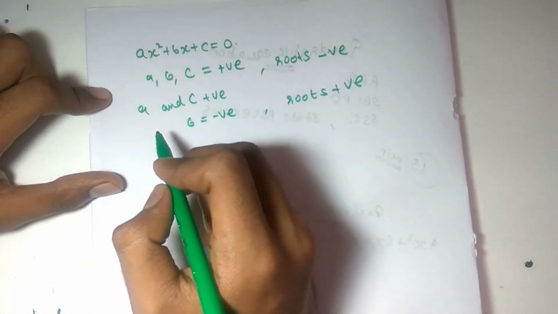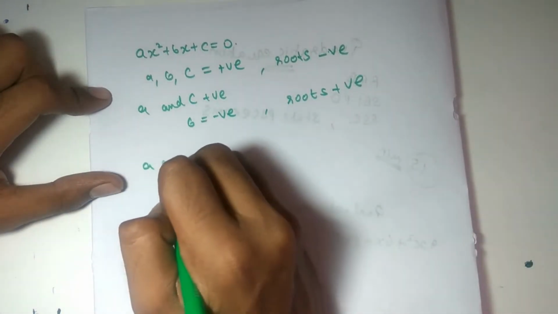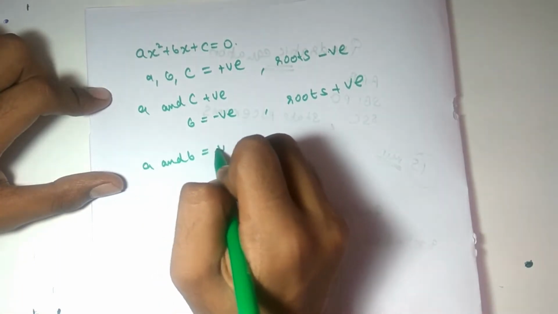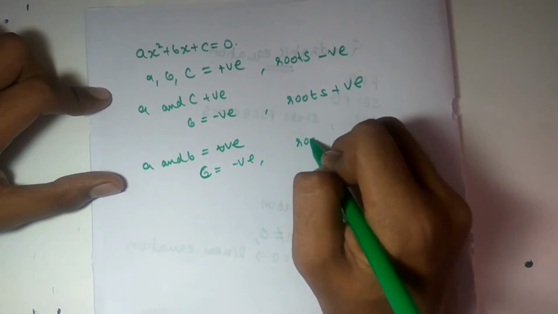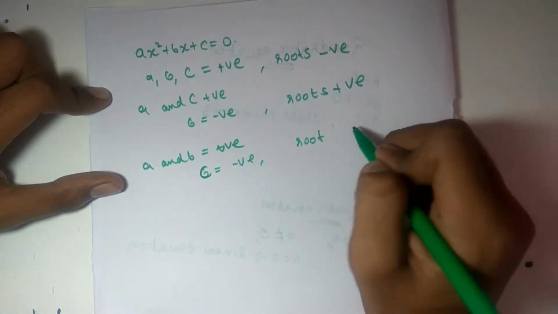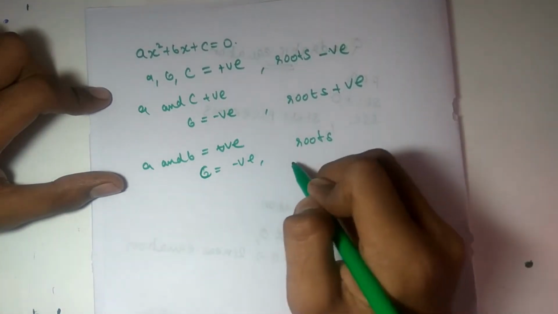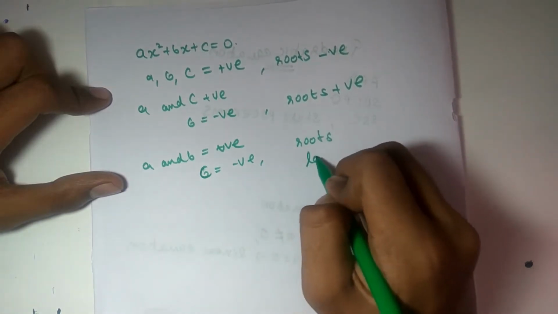Another case where a and b are positive and c is negative. Then there will be two roots, and out of the two roots, the larger root would be negative.